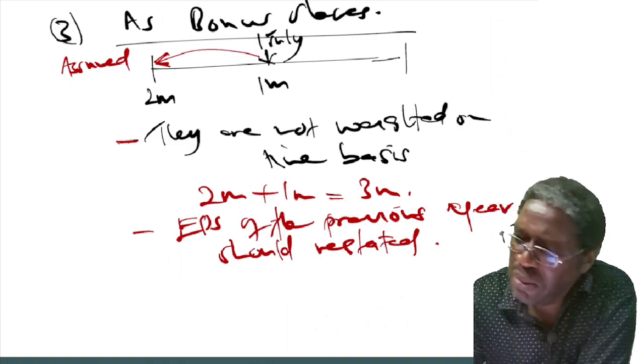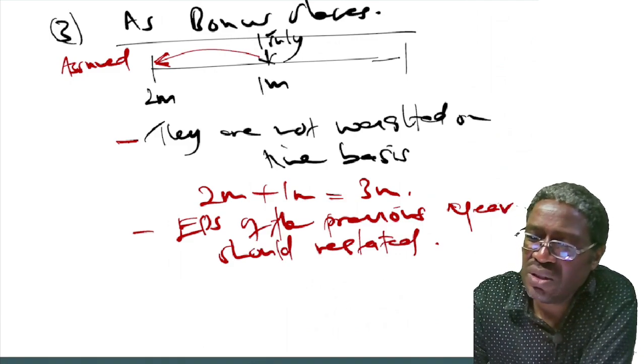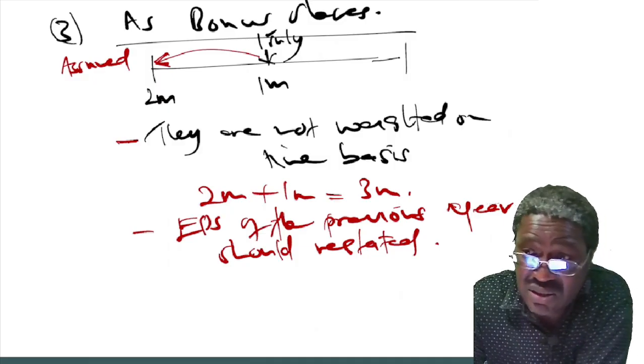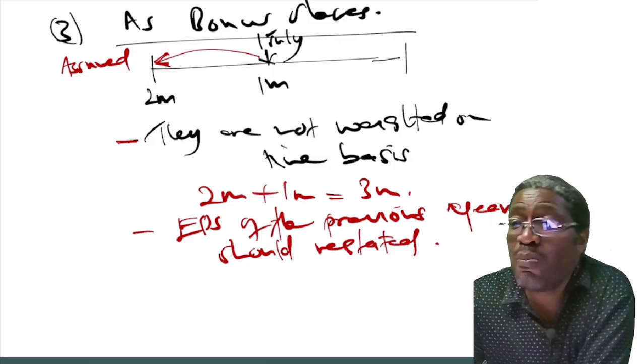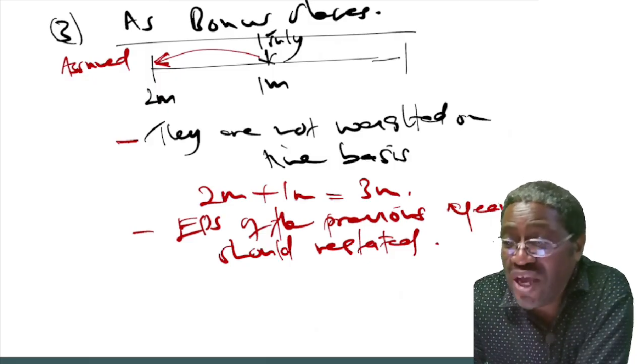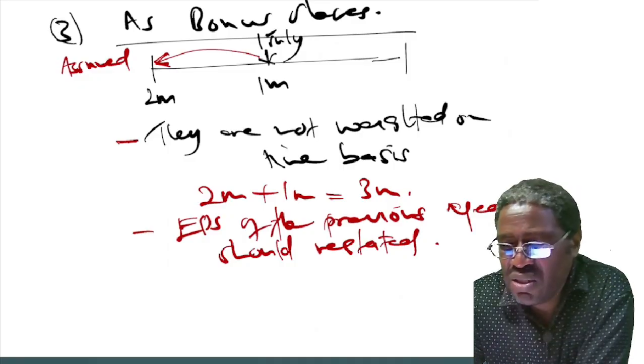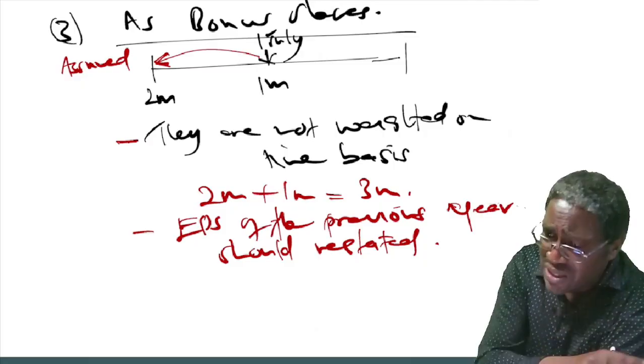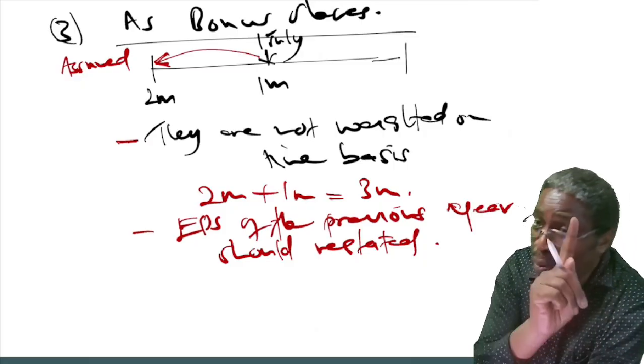Remember last year, the bonus were assumed to be issued at the beginning. So for comparison now, it will be required of you to assume, because they were issued at the beginning of the year, what would have been the earnings per share of last year.